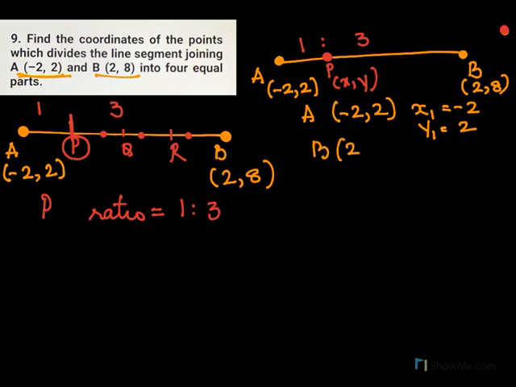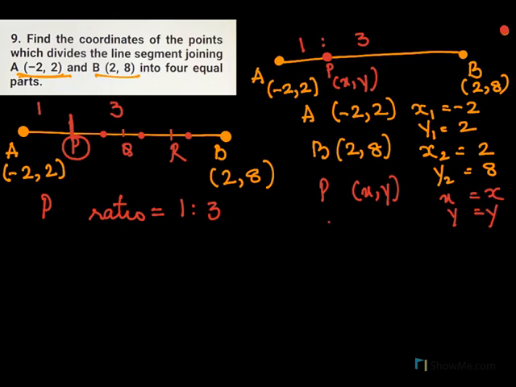B is 2, 8, so X2 is 2, Y2 is 8. And then P is X, Y, and we don't know X or Y. But we know the ratio is 1:3, which means M1 is 1, M2 is 3.